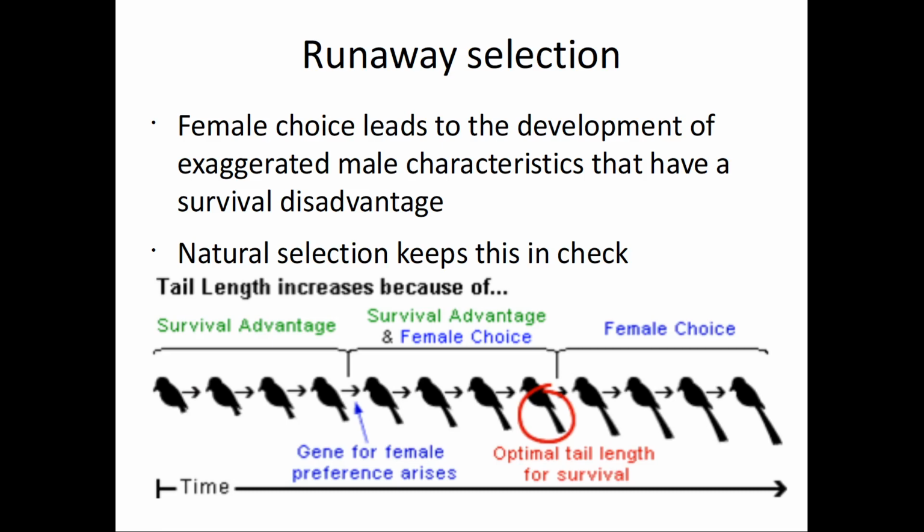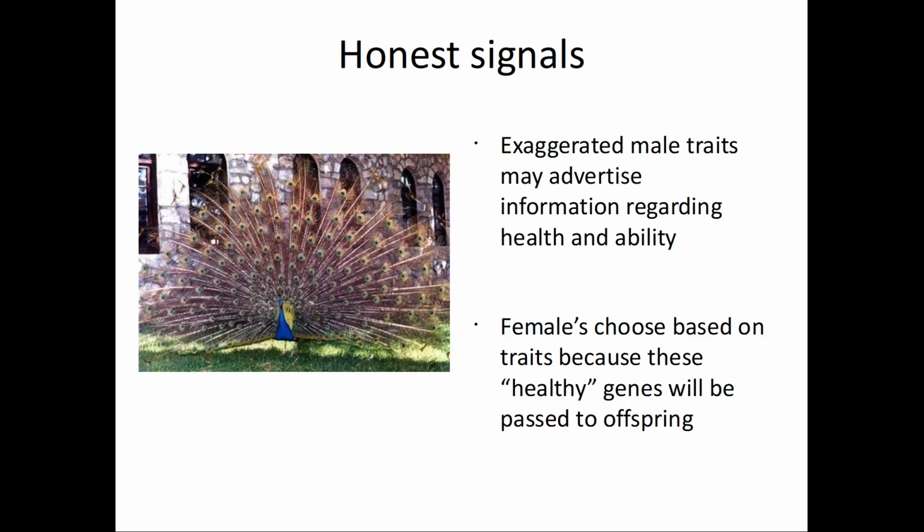You have these giant feathers that's got to be signaling to all the predators, hey, look, eat me, right? And not to mention that it takes a lot of energy to make those feathers, and it takes a lot of energy to carry them with you everywhere you go, and you're longer, so a predator can grab you easier. Definitely a disadvantage, but the advantage is you get to mate, and that's required to pass on your genes.